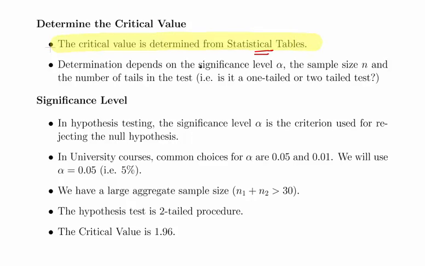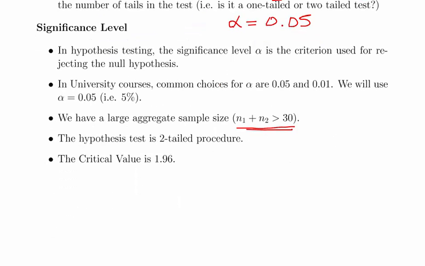Essentially, we get our value from statistical tables, determined by alpha of 0.05, the sample size being large, and whether the test is one-tailed or two-tailed. In this case, we have a large aggregate sample, and the test is a two-tailed procedure.